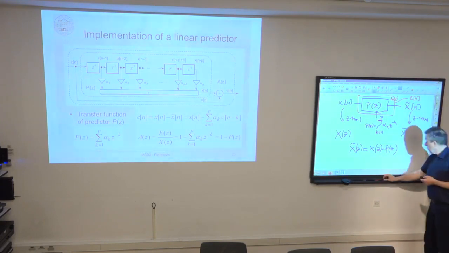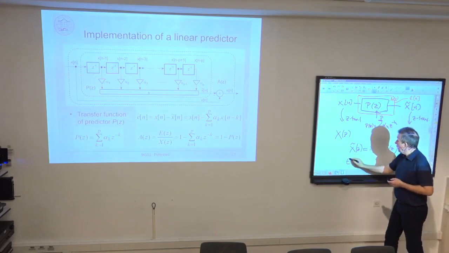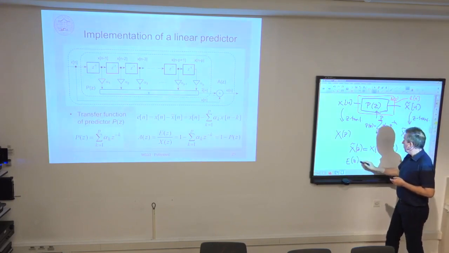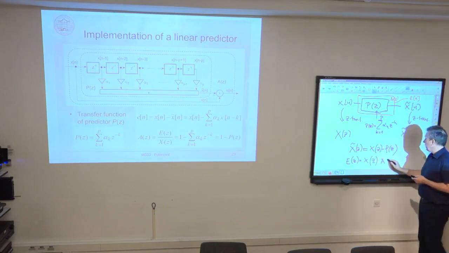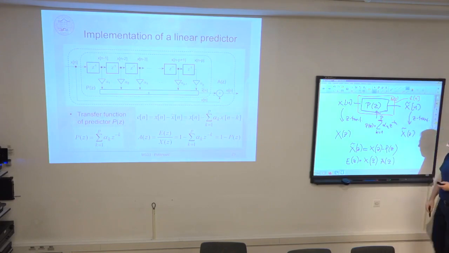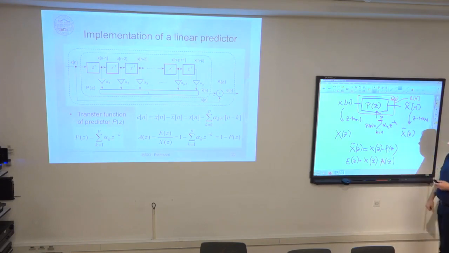Then, completely analogous to this, E of z is equal to x of z times A of z. We can write A of z in red. So the operation of a filter on a signal in frequency domain can be represented as a simple multiplication.